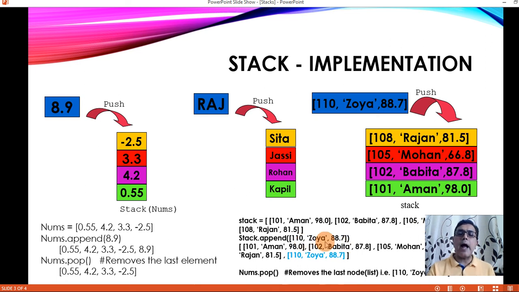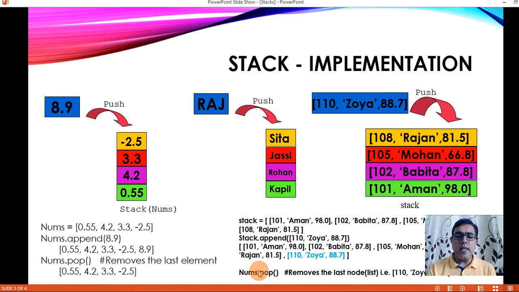If I have to add an element, that element is a list. If I have to add details of one more student, that will be a list. Within this round bracket there is a list storing roll number, name and percentage of the student which I want to add in this stack. After adding, your stack will become like this.